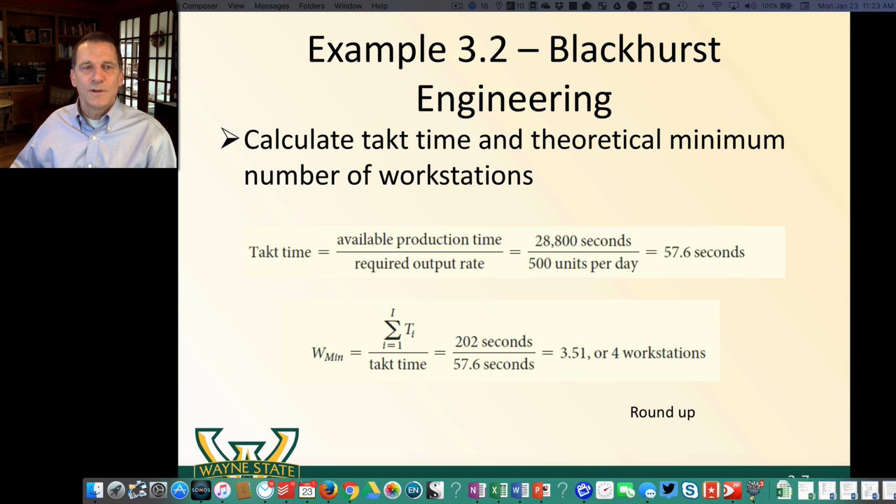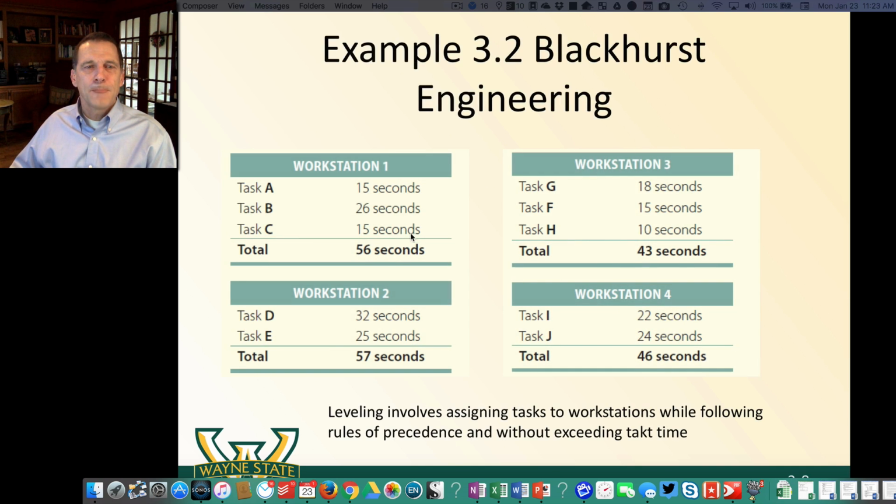Let's see what we got next here. This is basically the result of following a decision rule and allocating each of the 10 tasks to one of those 4 workstations. We start at the beginning with task A and workstation 1, and the decision rule is that, depending on the precedence diagram, we add the tasks in order until we're as high as we can go without exceeding the takt time.